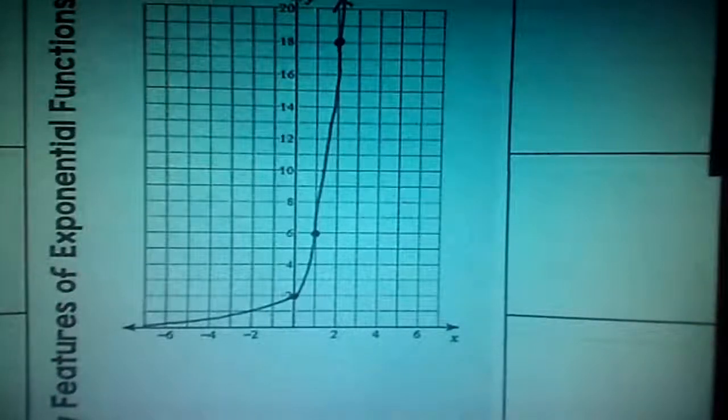Wait, so we skip the page and do that? I drew in your graph, so you didn't have to rush me about that.